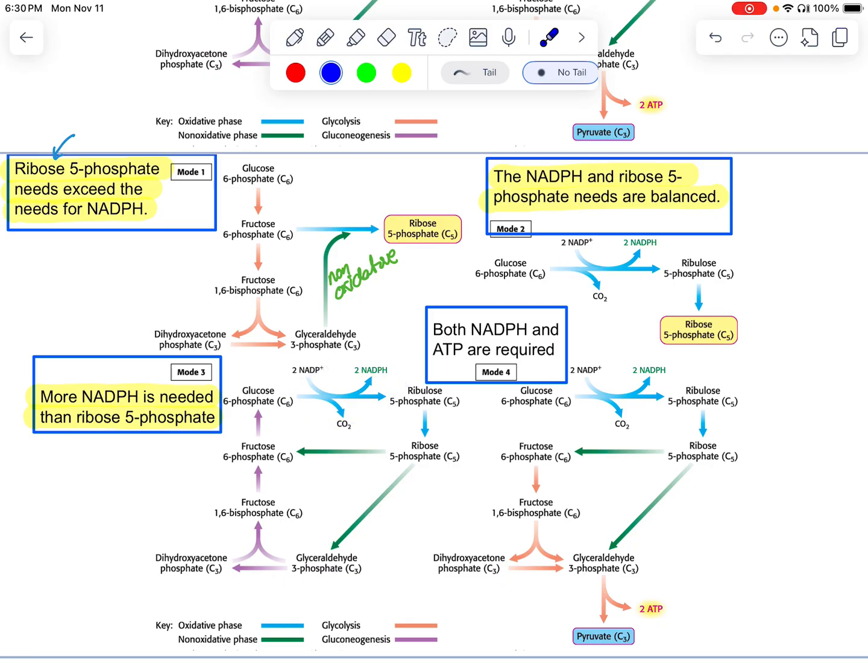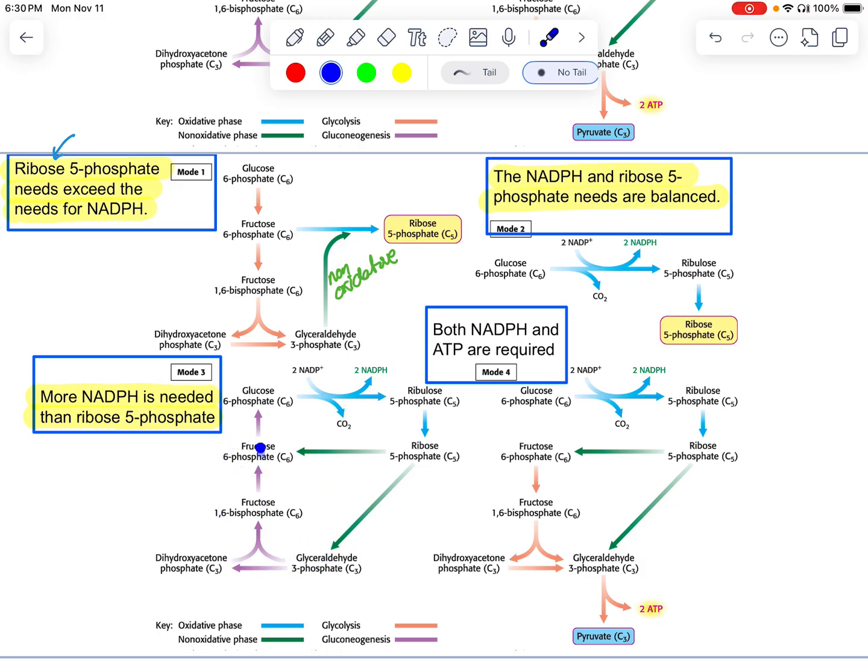We're going through the oxidative phase to make this NADPH. Our isomerase drops it down to the ribose. But we don't really need that ribose. And so what we're going to do is essentially shuttle it backwards through these non-oxidative phases to other metabolites from the gluconeogenesis.